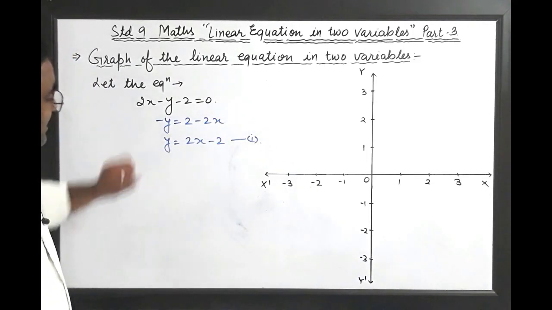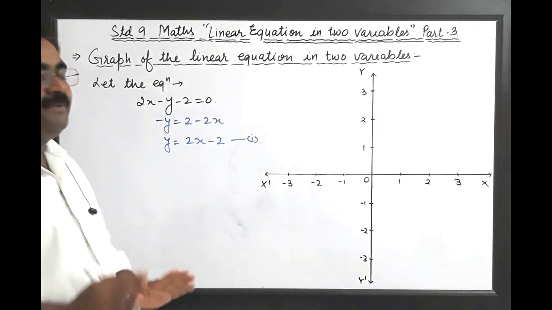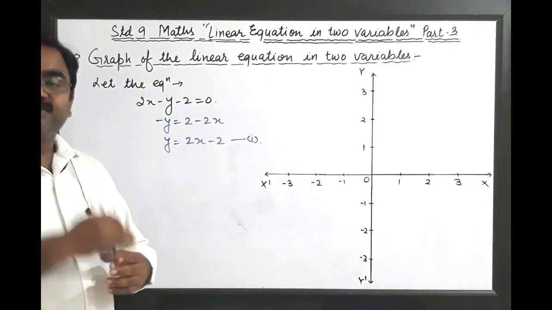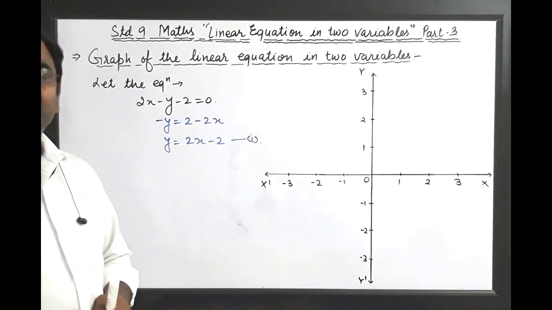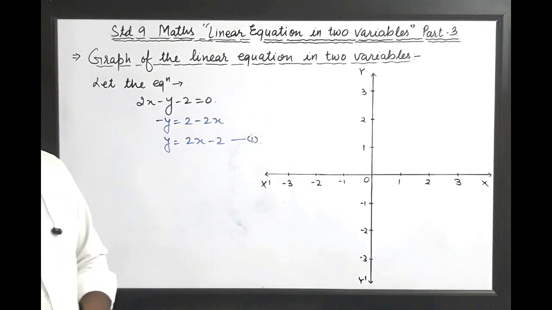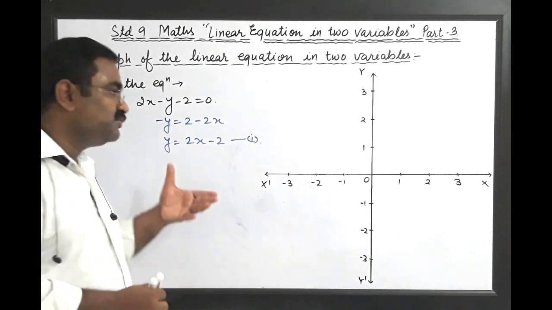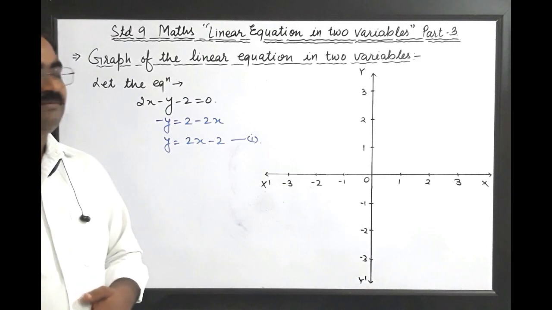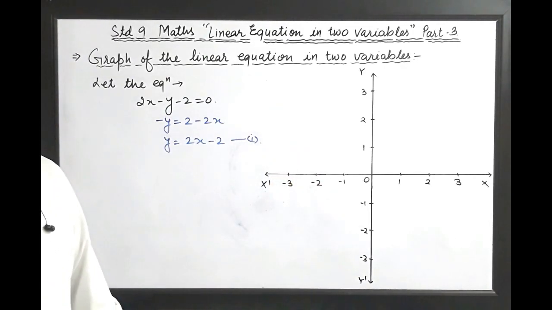Now you got y is equals to 2x minus 2. अभी हम क्या करेंगे? इस इक्वेशंस के at least 2 solutions we have to find out. Then after getting the ordered pair number, means the solution of this equation, we plot the graph on the Cartesian plane.